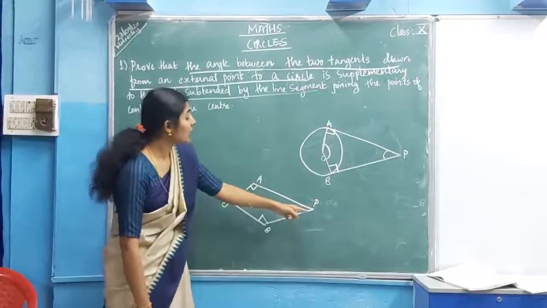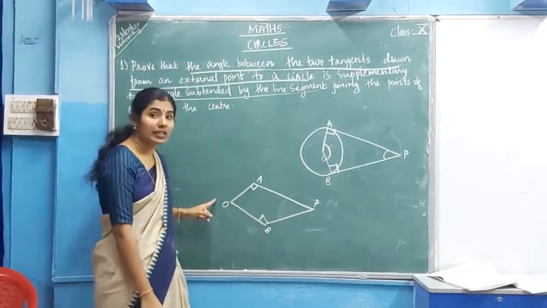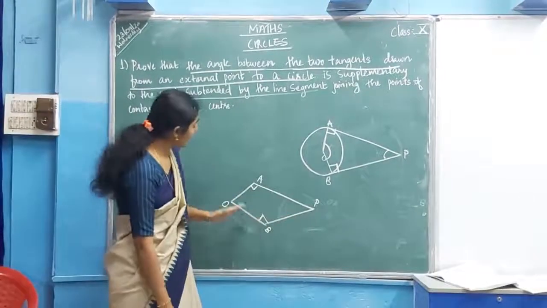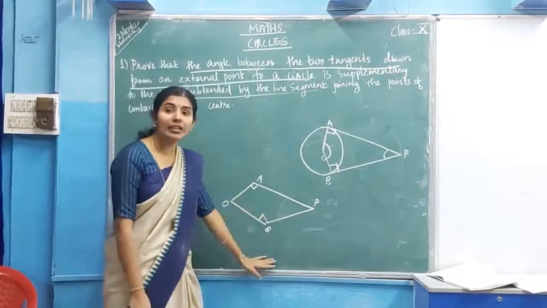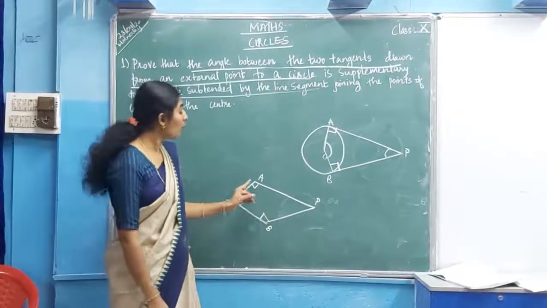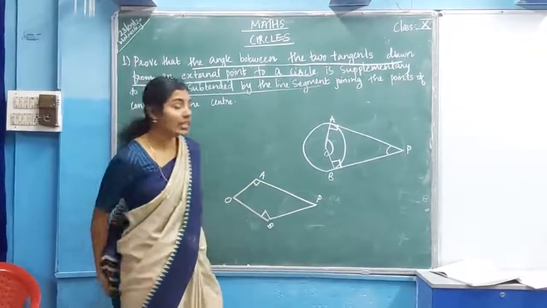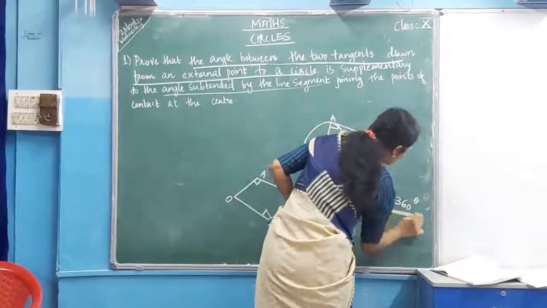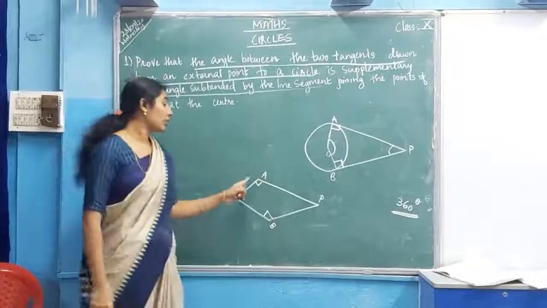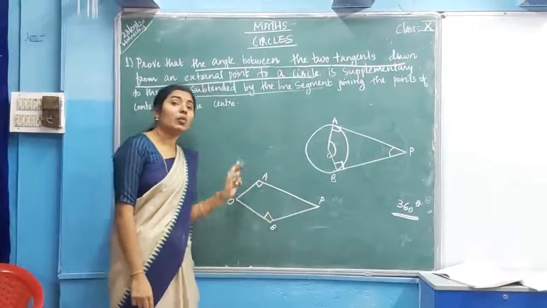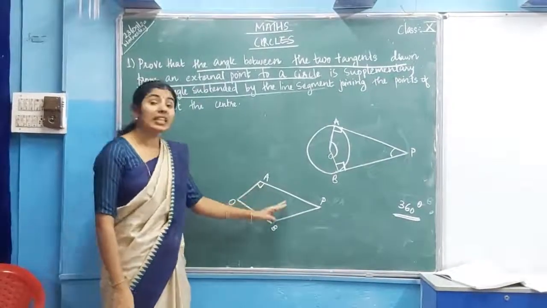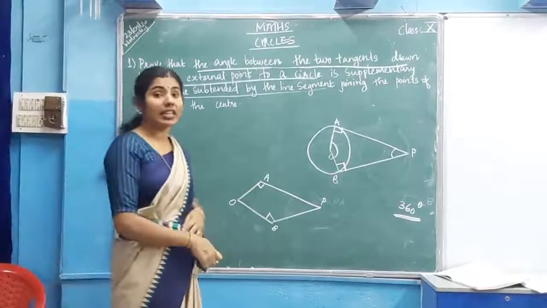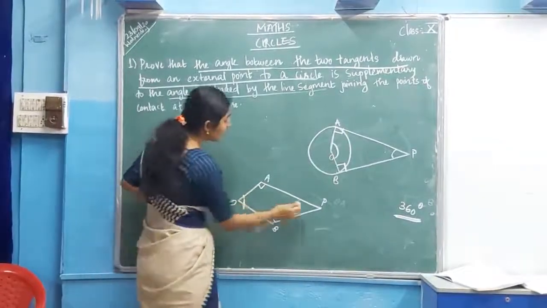And you know this is in the shape of a quadrilateral, isn't it? APBO is a quadrilateral. And you have studied sum of 4 angles of a quadrilateral is 360 degree. Isn't it? See here, given one quadrilateral, so sum of its 4 angles is 360 degree. So which are the 4 angles?